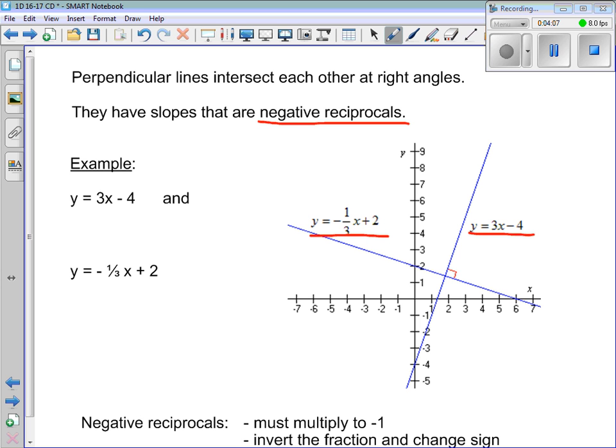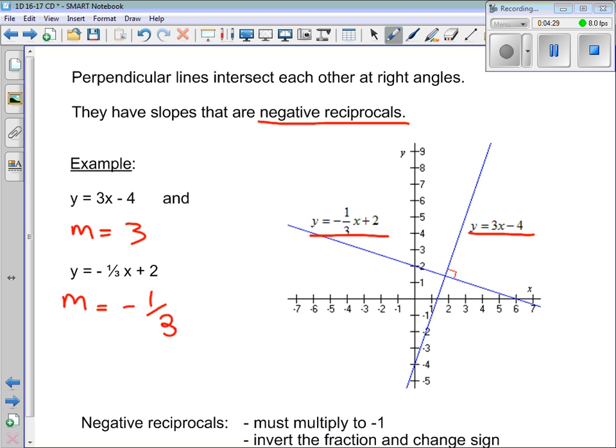What is the slope of y equals 3x minus 4? Isaac, what's the slope there? The slope is 3. What is the slope of y equals negative 1/3 x plus 2? Negative 1/3.